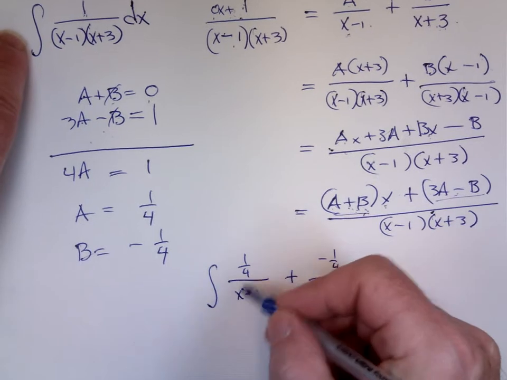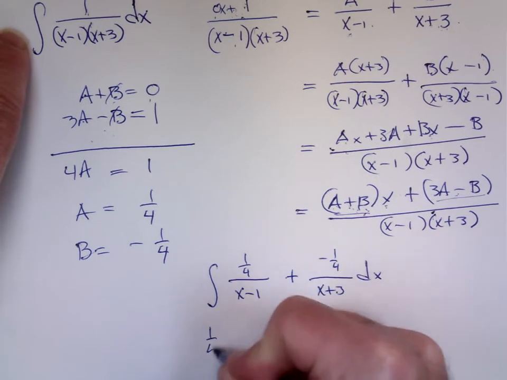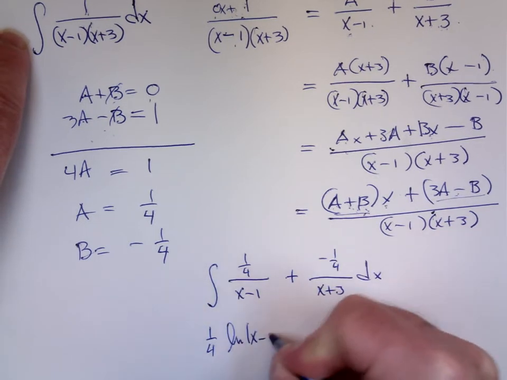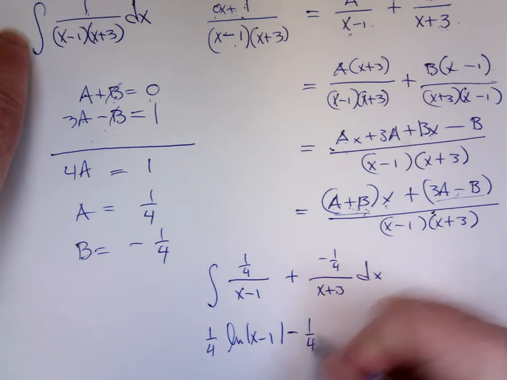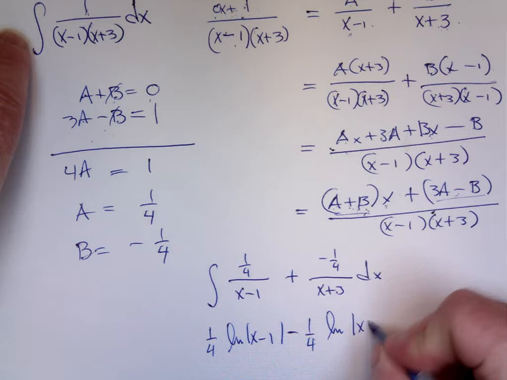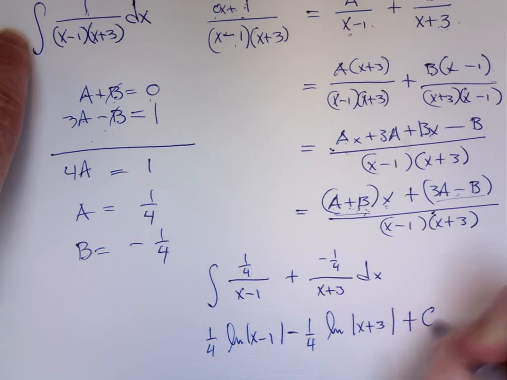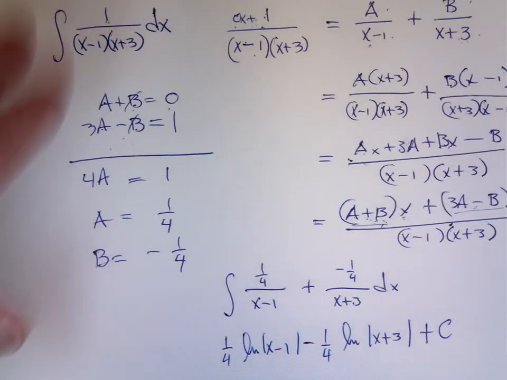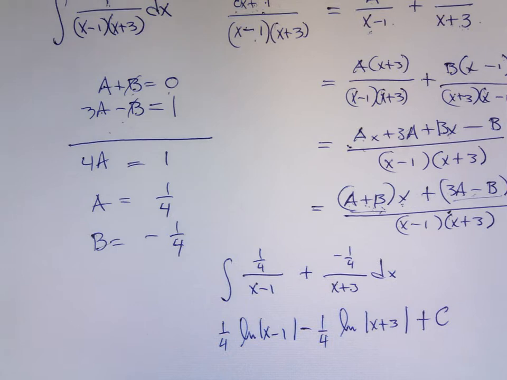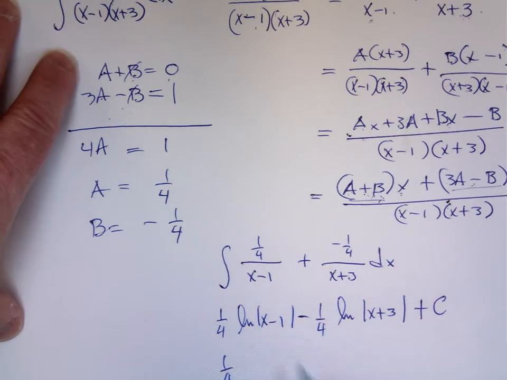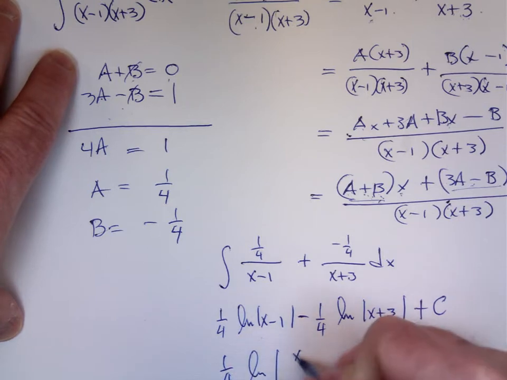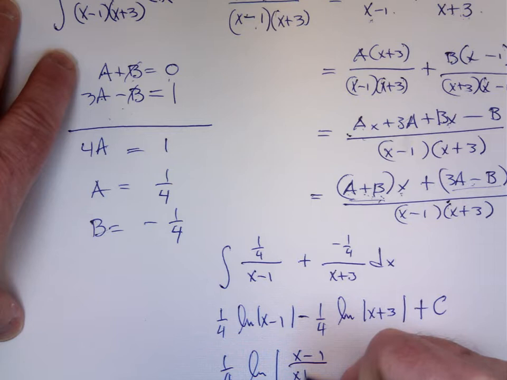We have 1/4 natural log of x minus 1, 1 over u du form, minus 1/4 natural log of x plus 3, plus c. That's a correct answer. It's a little bit nicer to take a 1/4 out. The difference of two logs is the log of their quotient. That's probably the best answer here.